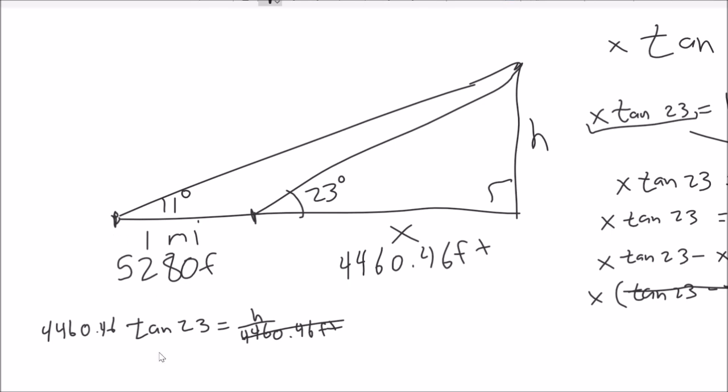And now I can just type that in the calculator, and I'll know what h is. So now we're going to multiply by tan 23. And I get 1,893.5 feet is the height of the bridge.